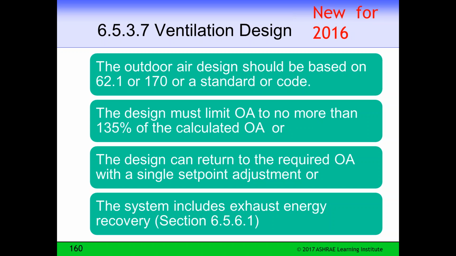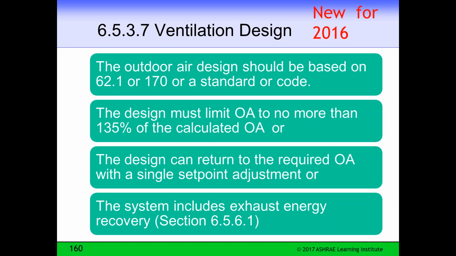So what this says is that you cannot put in extra outside air to get a point for LEED or something that's going to cost a lot of energy. We'll let you go up to 135% of extra outside air for room quality purposes, but at the expense of energy, since we are an energy standard, we draw the limit at 135% of what you calculated.